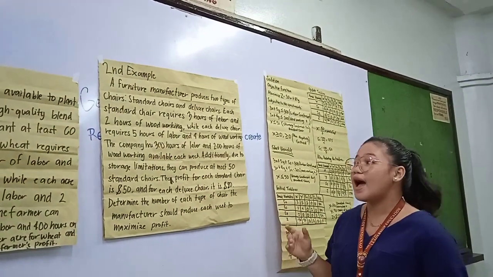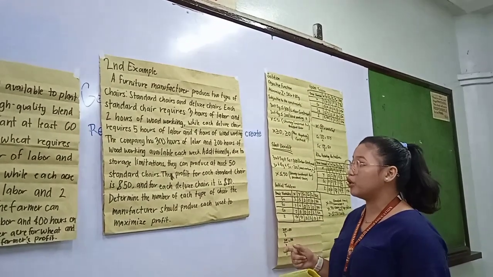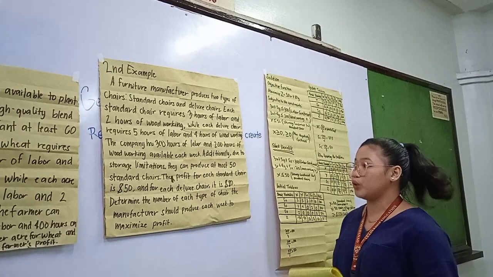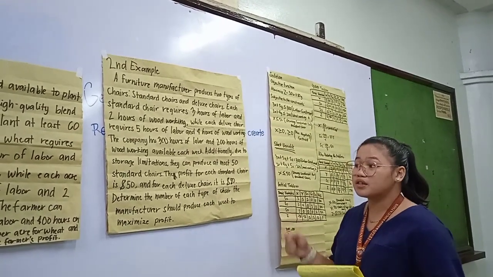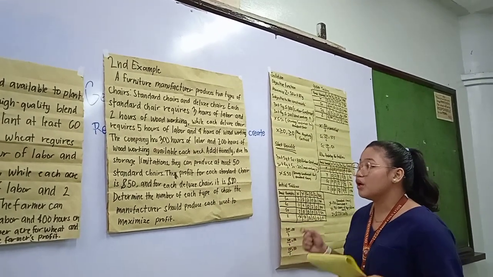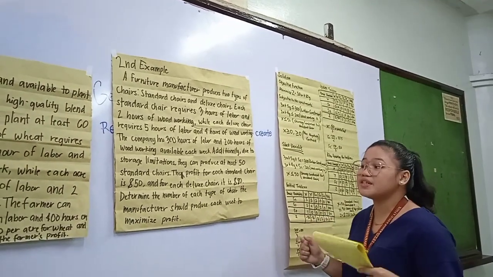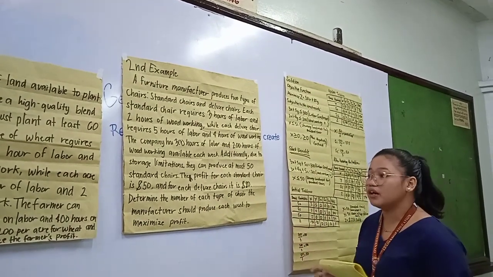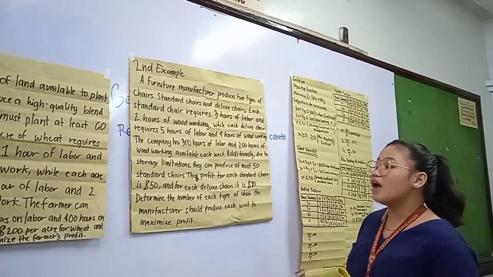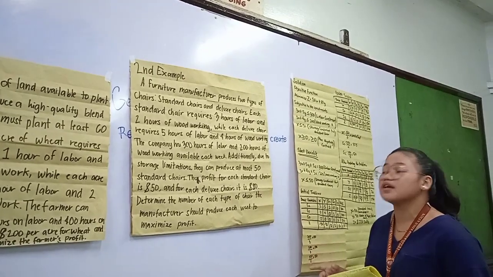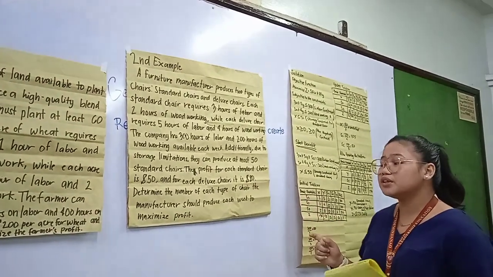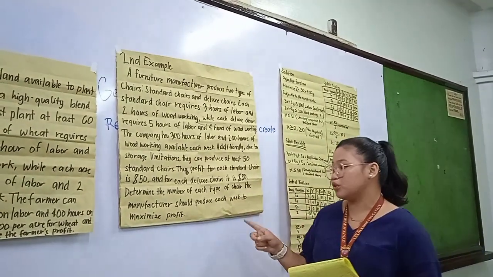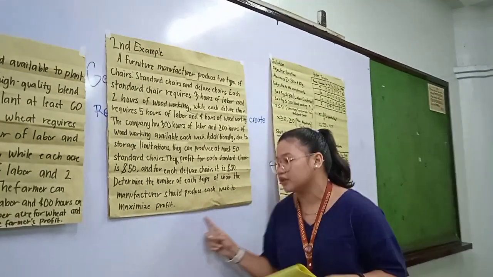The company has 300 hours of labor and 200 hours of woodworking available each week. Additionally, due to storage limitations, they can produce at most 50 standard chairs. The profit for each standard chair is $50, and for each deluxe chair it is $80. Determine the number of each type of chair the manufacturer should produce each week to maximize the profit.